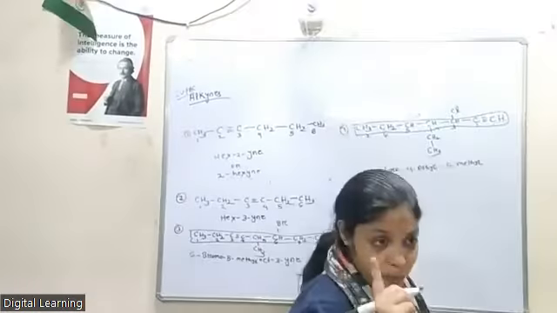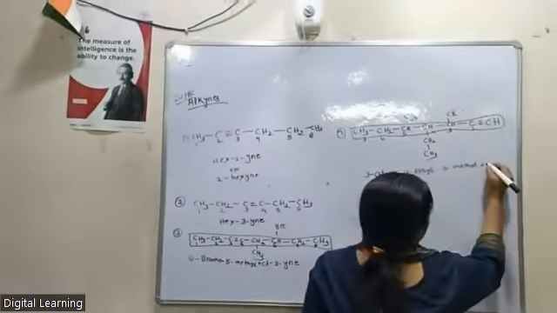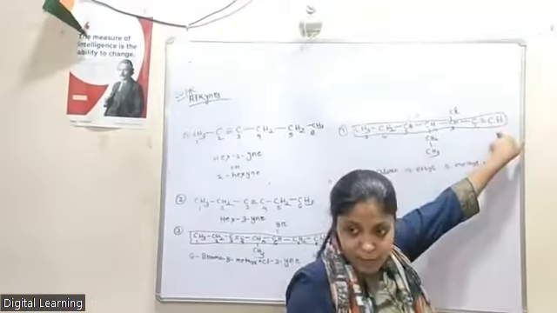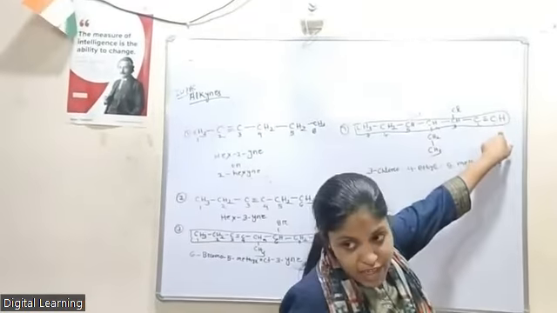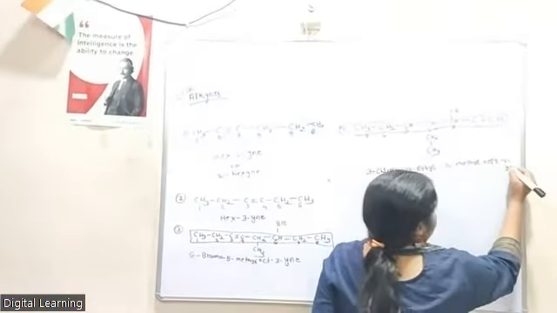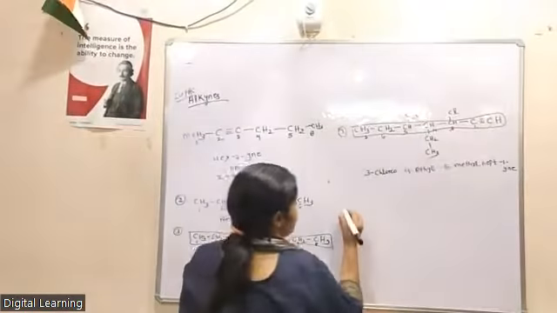Then hept 1 yne. Hept, word root is 7 for hept. Position of the triple bond is 1. Suffix for alkyne is yne. Last bench, clear?